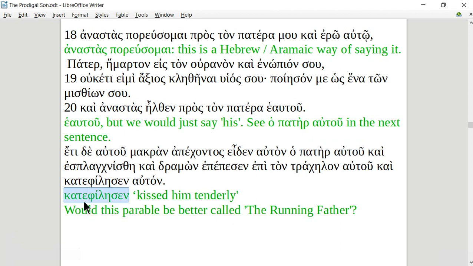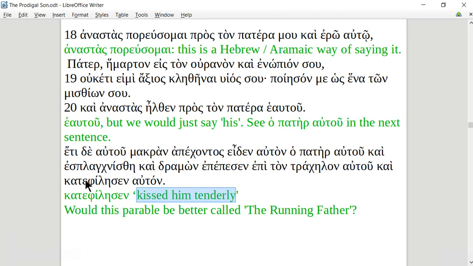Katephilesen, so this is the root form of it is here, and so it's got the kata prefix here used to intensify the meaning. That's why some people have suggested we could translate it as kissed him tenderly, but sometimes the special meaning of these things is kind of lost in overuse.